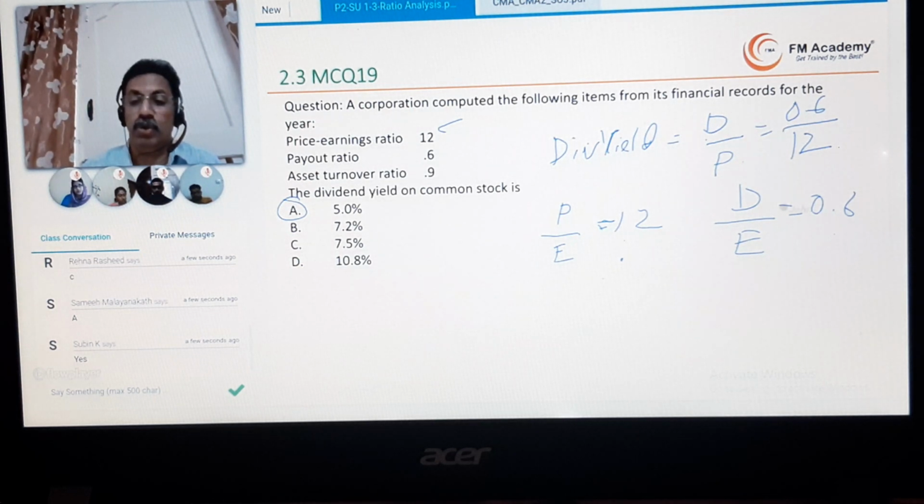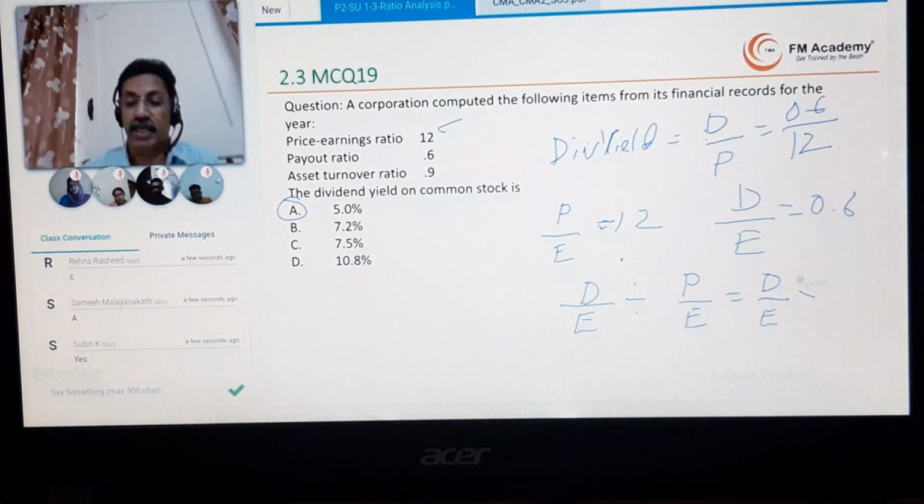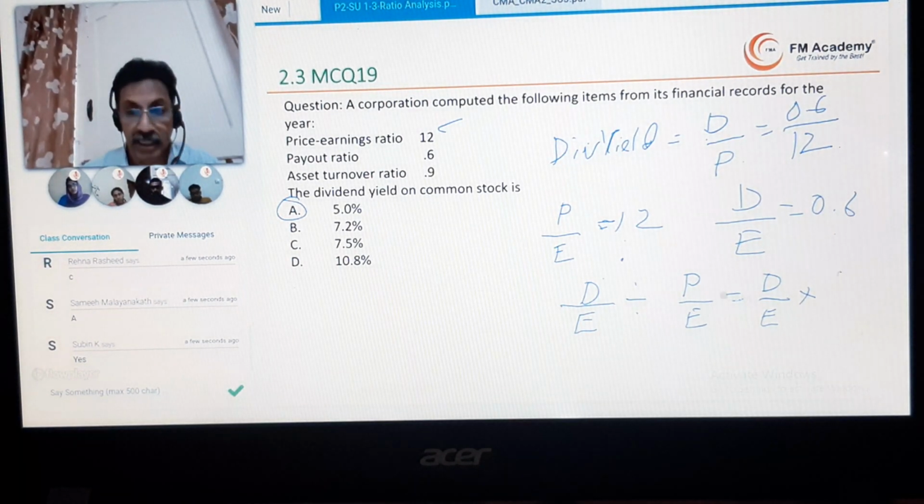So if you divide D divided by E by P divided by E, it is D divided by P, because both have a common denominator.